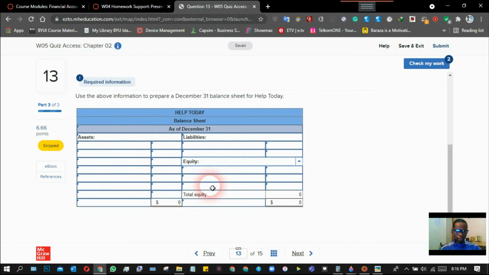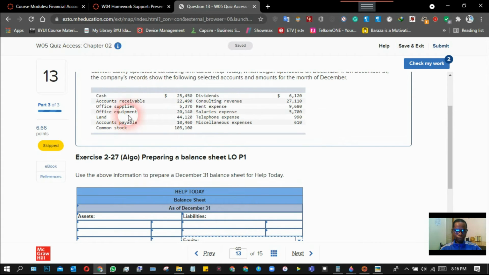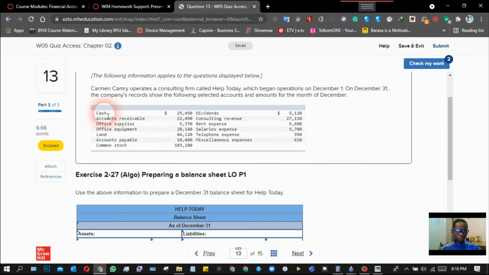Now on this side we'll list the assets. In our information we've got assets listed here, and the first one is cash, second one is accounts receivable, supplies, office equipment, and land.